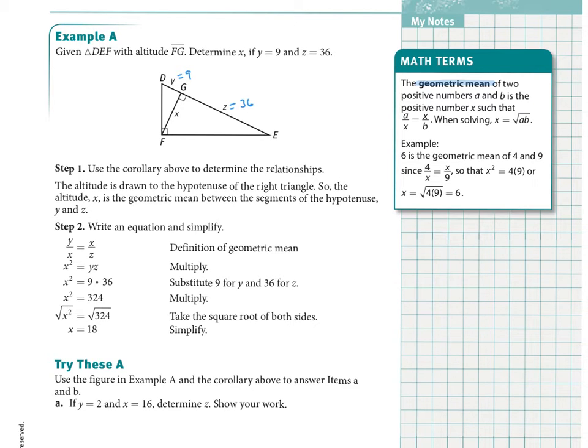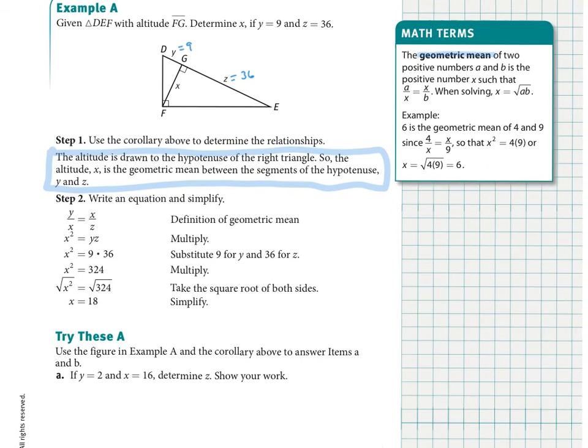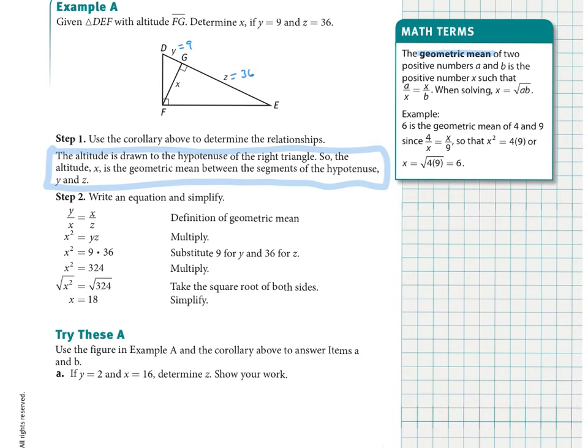So the big piece is that the altitude is drawn to the hypotenuse of our right triangle, so the altitude x is the geometric mean between the segments of the hypotenuse, y and z. Again, I know this is a little bit confusing. This is one way that we are going to approach solving for our altitude, or for one of the segments of the hypotenuse if we're given the other pieces of information.